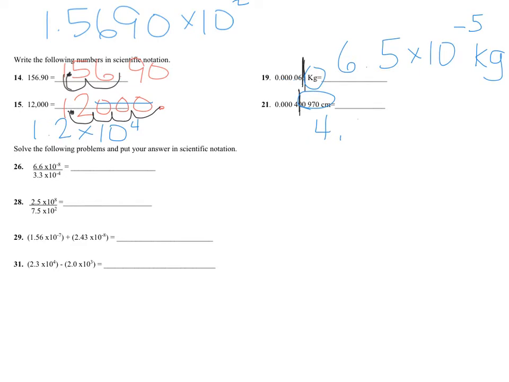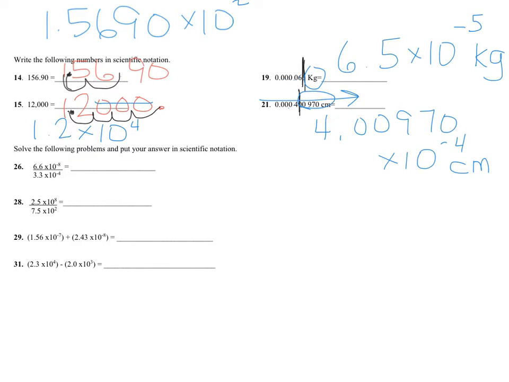So 4.00970 times 10 to the, count how many spaces we moved, 1, 2, 3, 4, 10 to the negative 4, because we moved to the right, and it's centimeters.